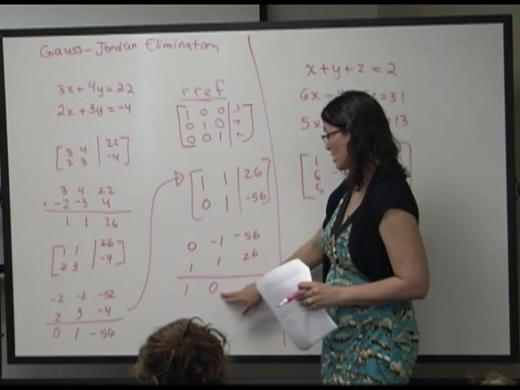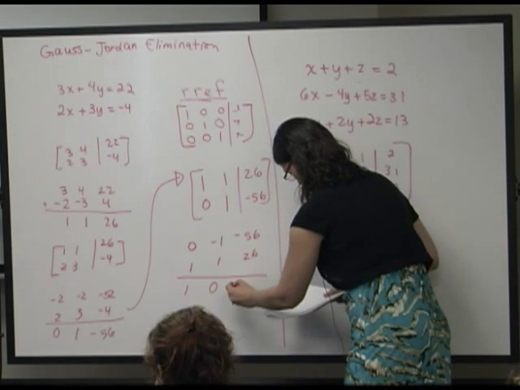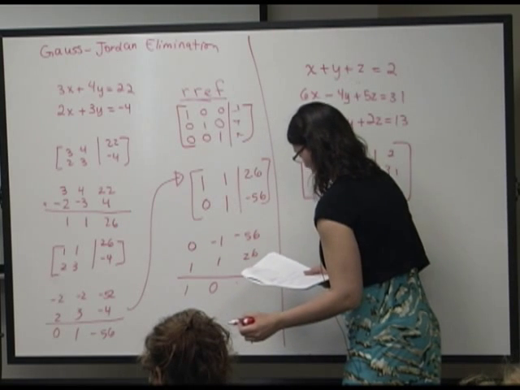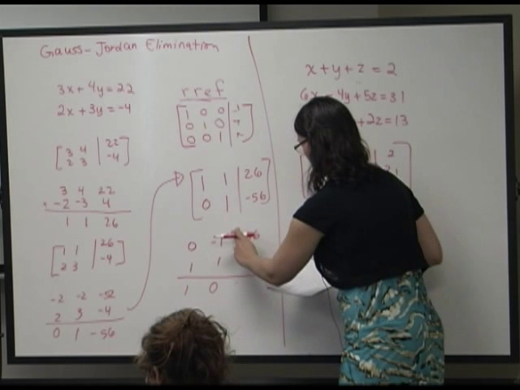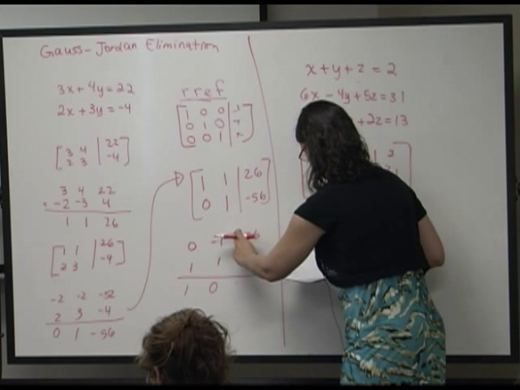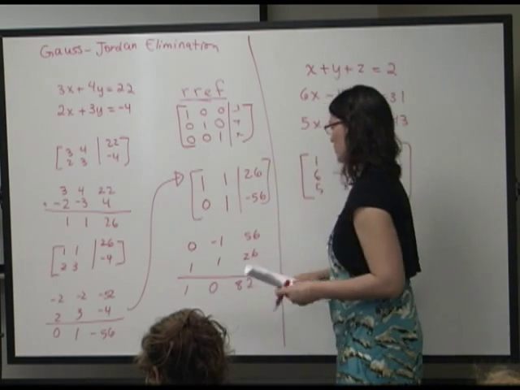You get 1, 0, and this is -30. It should be 26 and -56. Oh, this is positive. There you go. 82.